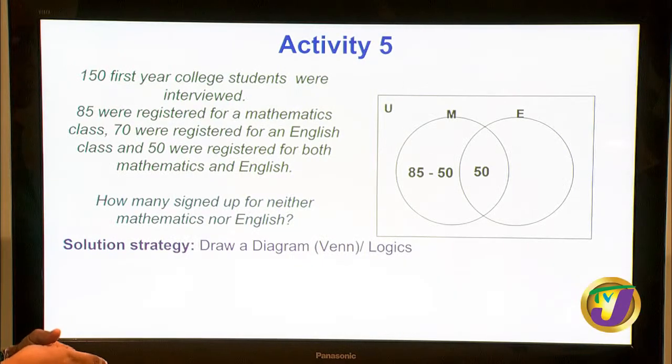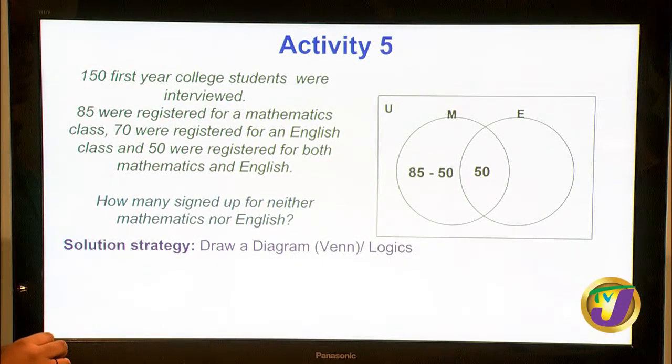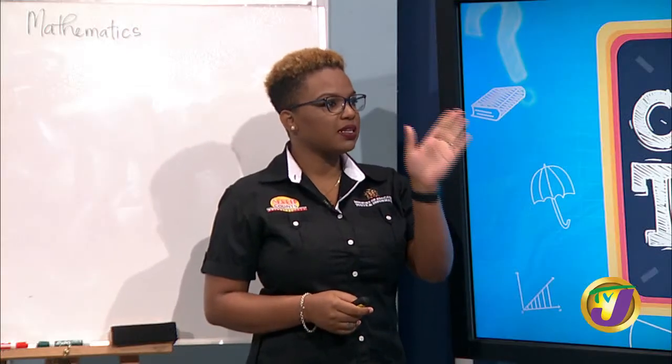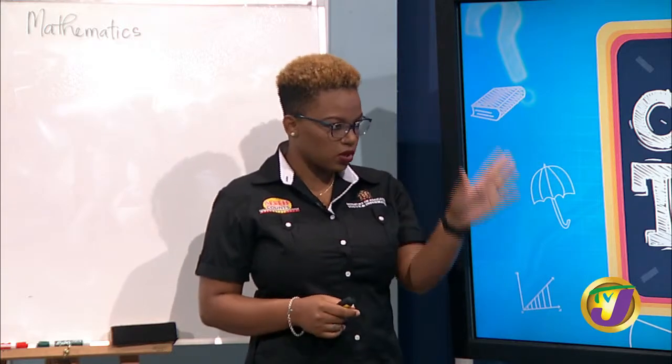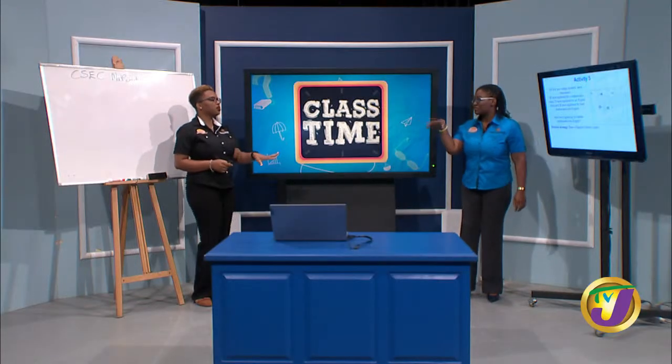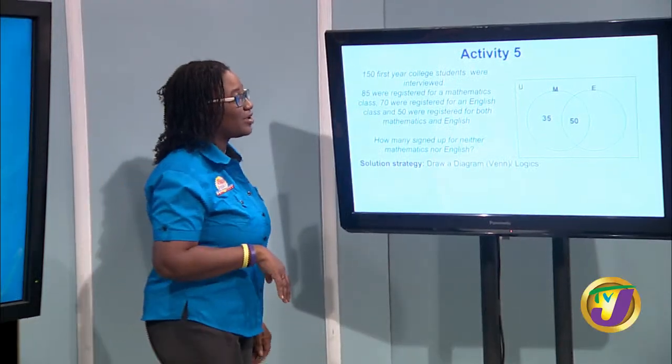We don't want to double count. So let's see how many registered for math only. 35 students. And when we sum that 35 and 50, we still get back the 85 students total who registered for math. Very important point, Latoya.